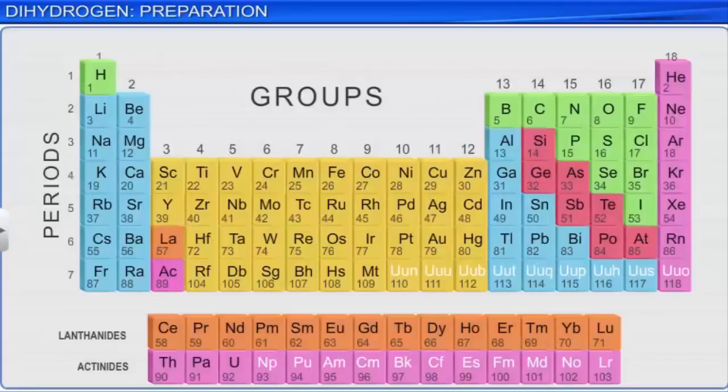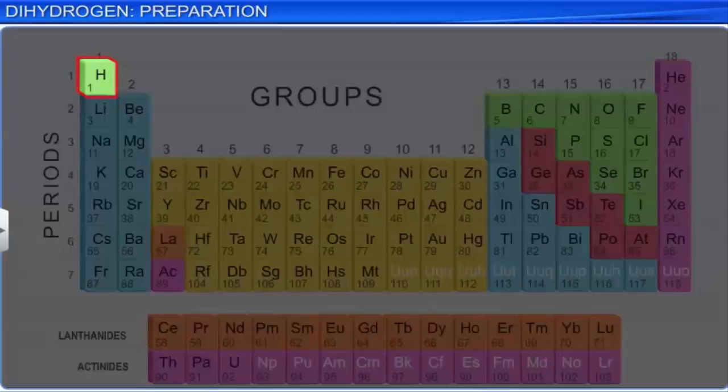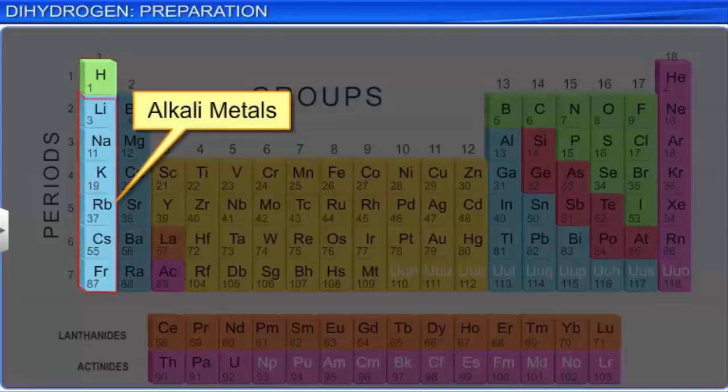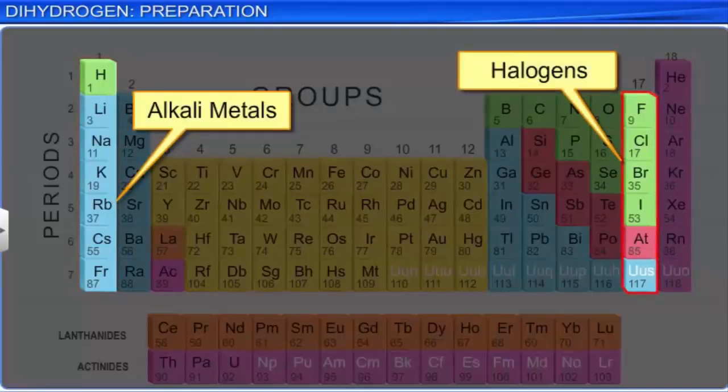Because of its atomic number 1, hydrogen is the first element in the periodic table. However, its position in the periodic table is debated because of its resemblance to both alkali metals and halogens, as well as because of its unique behavior.